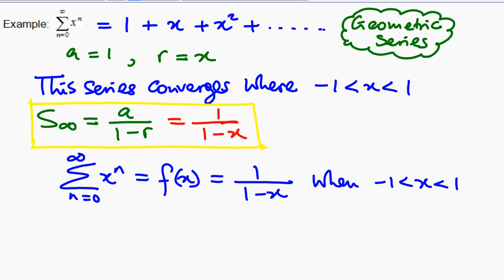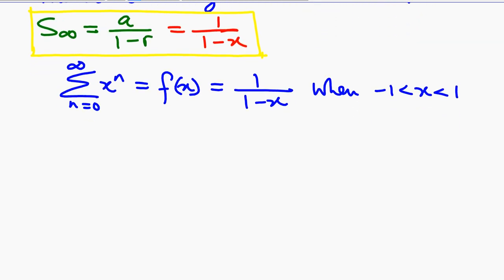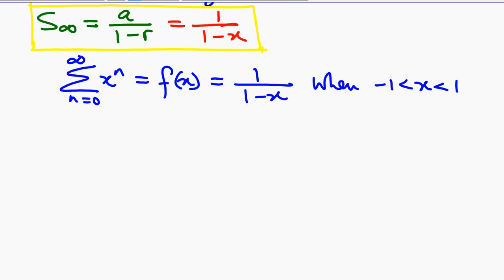Now, this is a very important conclusion, all right? Which means that we can actually represent power series as functions. We can check this idea if it makes sense. Remember, x can take any value between -1 and 1. So suppose x is equal to a half.